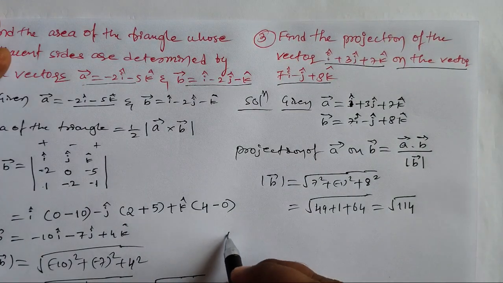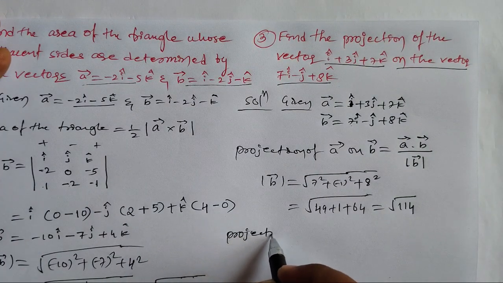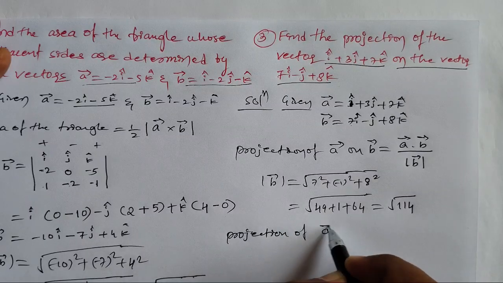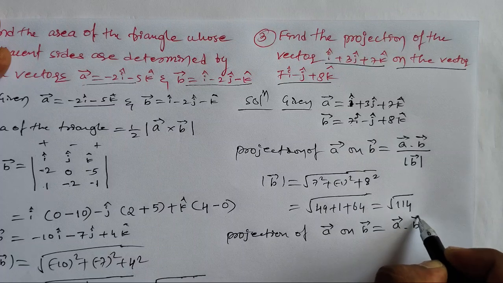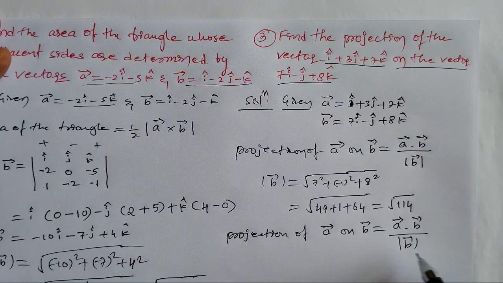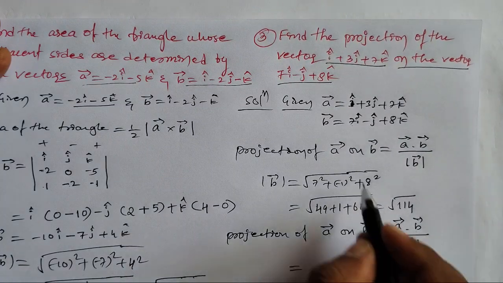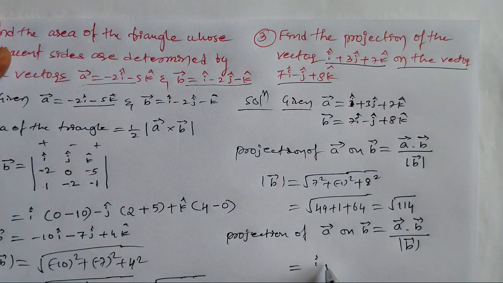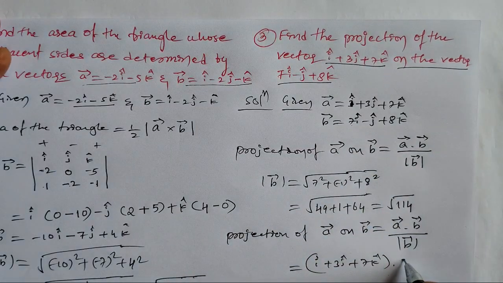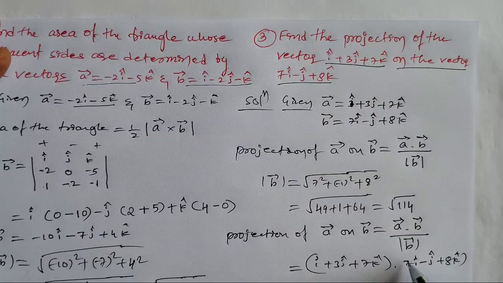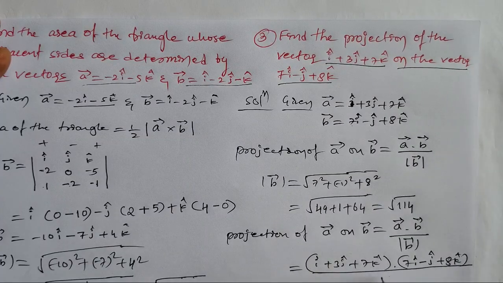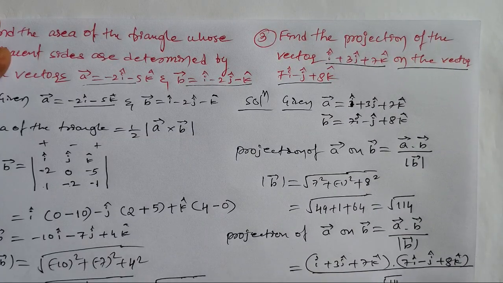See, projection of A on B vector equal to A vector dot B vector divided by magnitude of B vector. Then that is equal to, first you write A vector I plus 3j plus 7k cap dot B vector is 7i minus j plus 8k cap divided by magnitude of B is root 114, right?